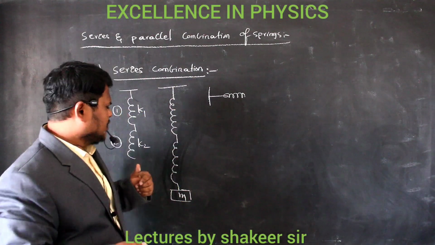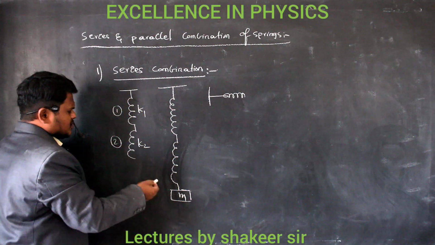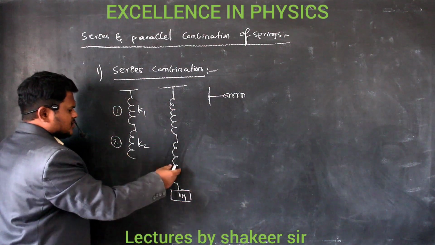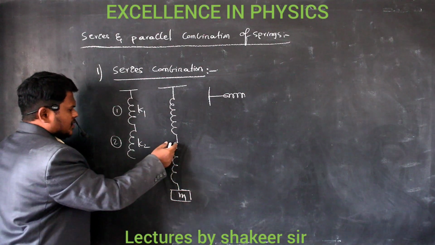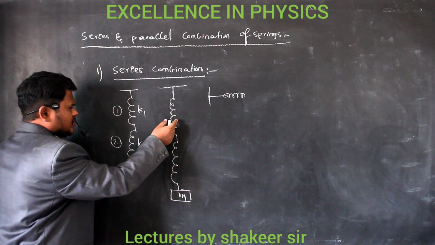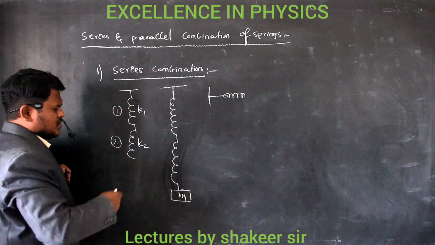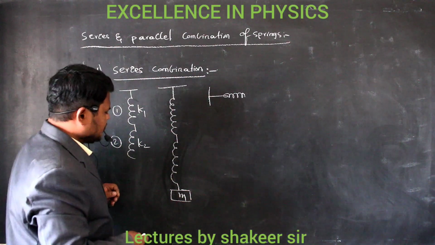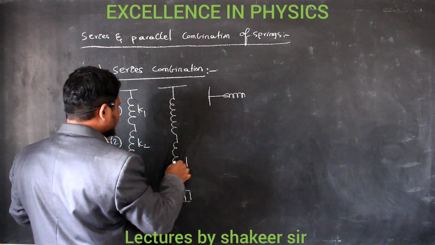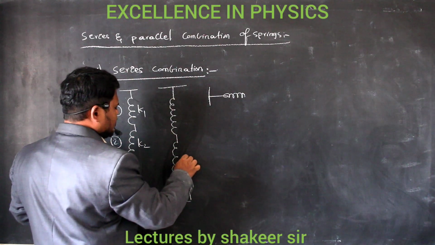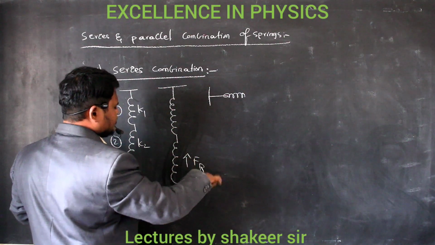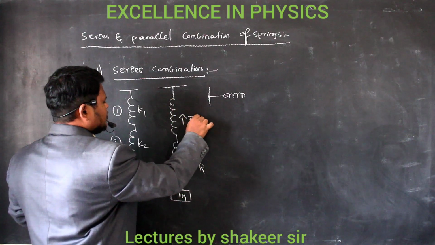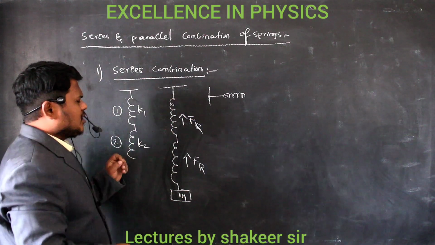So definitely, if I attach this mass to this lower spring, first of all this spring will elongate, and restoring force will be given on the first spring also. Therefore, definitely both the springs will elongate. And what about the restoring force? If in the second spring the restoring force produced is Fr, here also the restoring force produced will be Fr only.